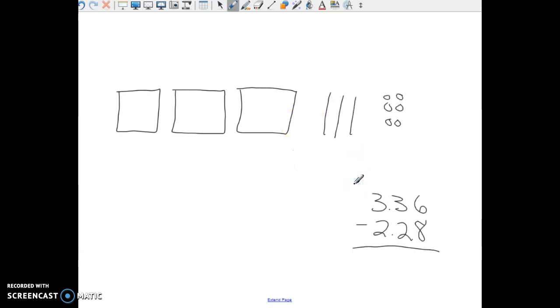Okay, so now we've drawn our 3 ones, 3 tenths, and 6 hundredths. You look at your problem, you have to take 8 hundredths from 6 hundredths. Can you do that? No. So where are we going to go to regroup? The tenths. We're going to take this tenth and we're going to make it into 10 hundredths.